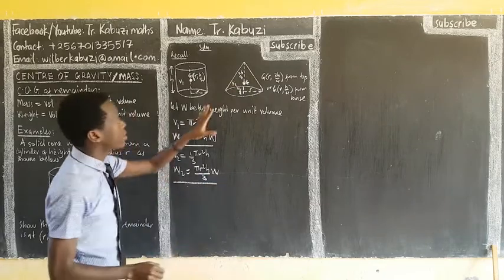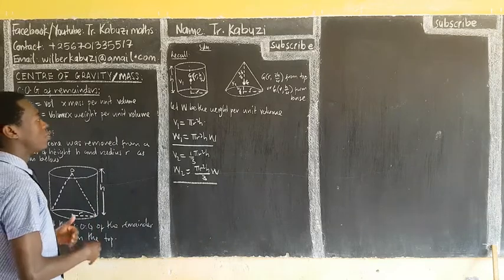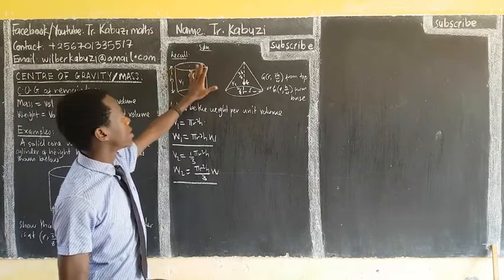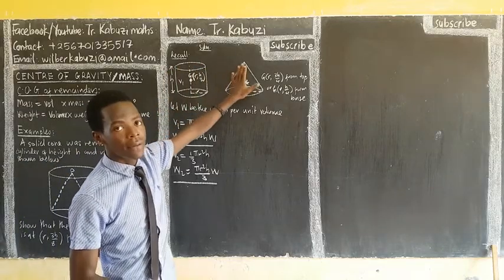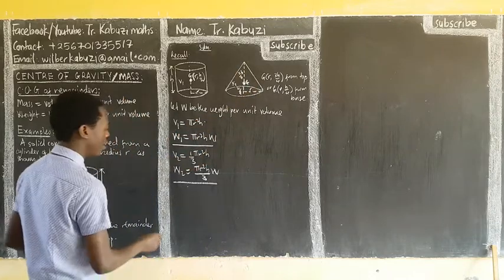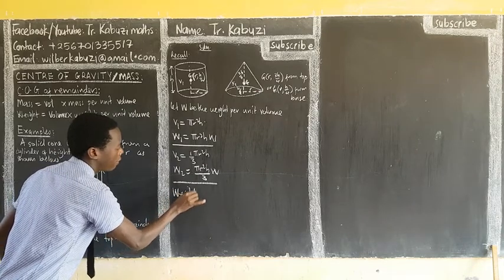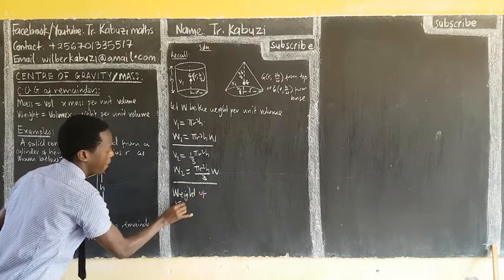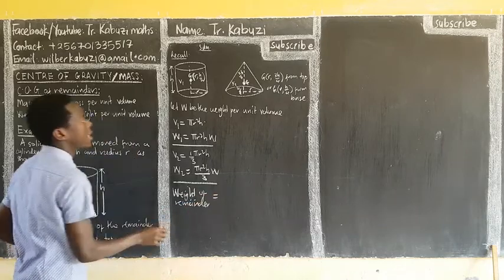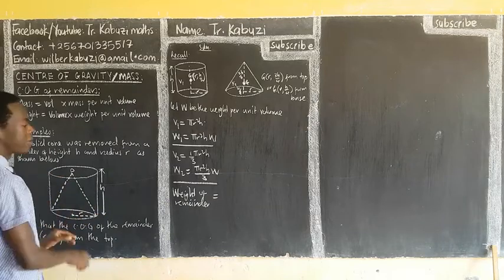But now, remember this one was removed from this, so we need to know the weight of the remainder. We are going to get the weight of the cylinder minus the weight of this cone which was removed. So I say weight of remainder: you get the whole, then minus what was removed.